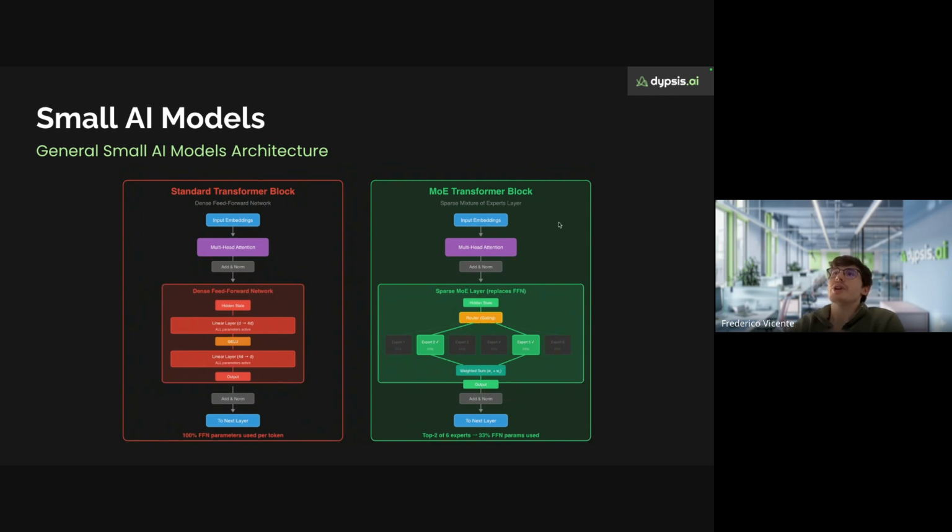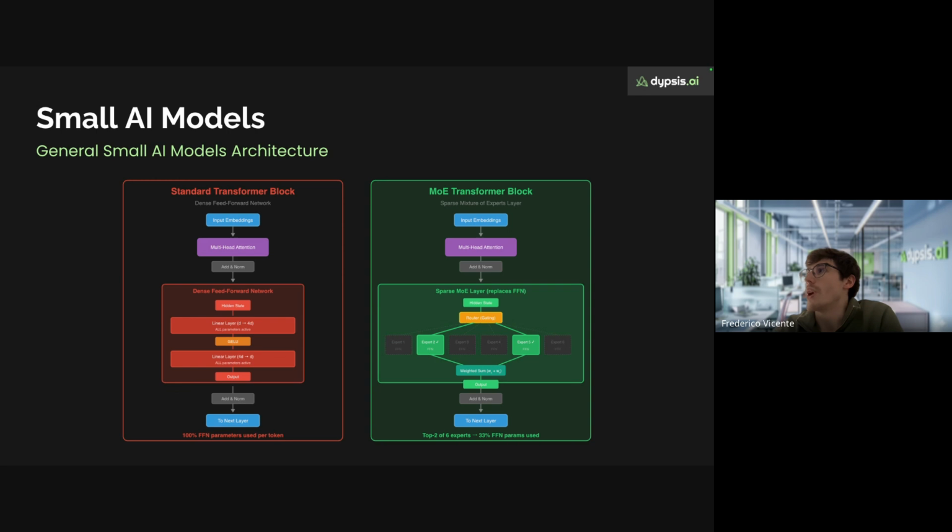Not totally related to small AI models, but in a sense they are related, because this mixture of experts architecture provides, let's say, efficient inference. This architecture basically trades off RAM space for efficiency.